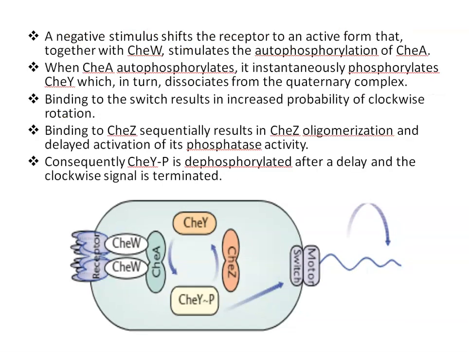A negative stimulus then shifts the receptor to an active form that, together with chemotaxis W, stimulates the autophosphorylation of chemotaxis A. When chemotaxis A autophosphorylates, it intensely phosphorylates chemotaxis Y, which in turn dissociates from the quaternary complex.